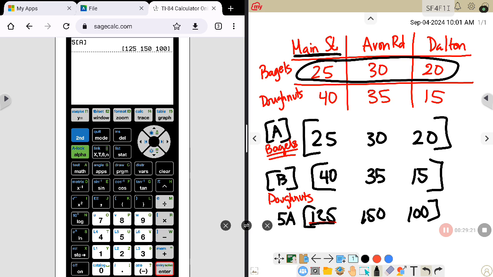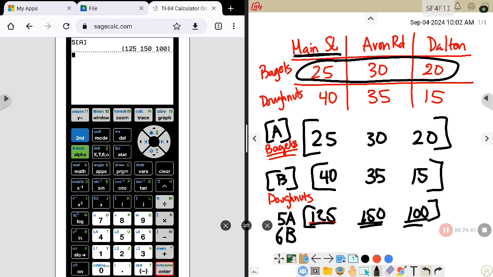Avon Road's is $150, and Dalton's is $100. That is their profit on the bagels. Now they make $6 for every dozen donuts. So I want to know what that number would be.